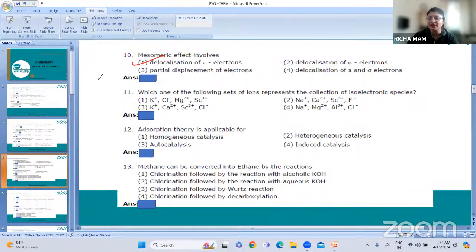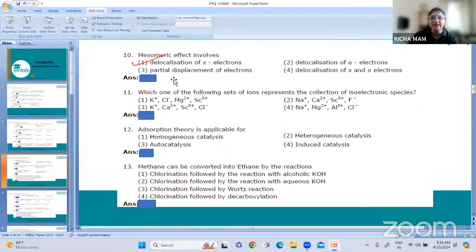Two types of mesomeric effect are seen: plus M effect and minus M effect. When is minus M effect seen? When you have an electron withdrawing substituent. And when is plus M effect seen? When you have an electron releasing substituent. So it involves the delocalization of pi electrons. Let us go for the next one.